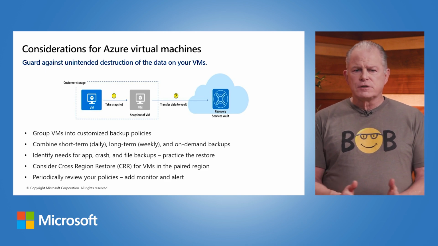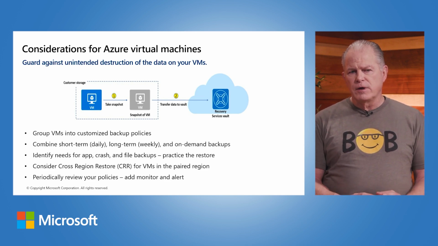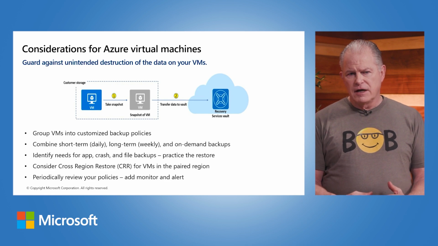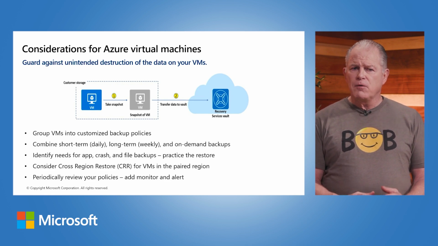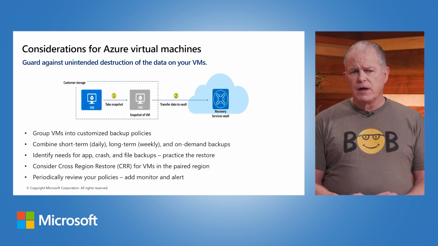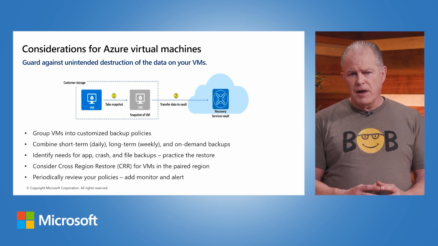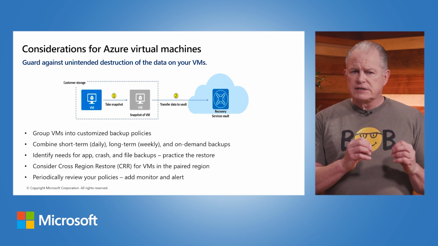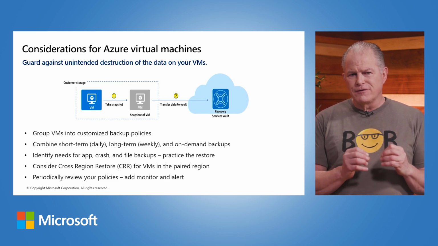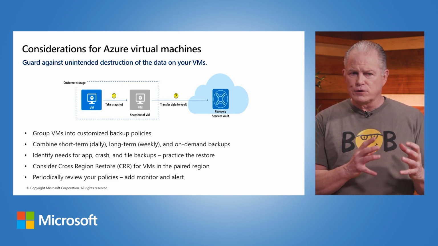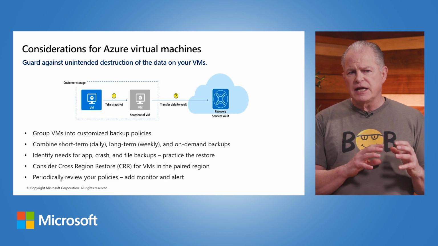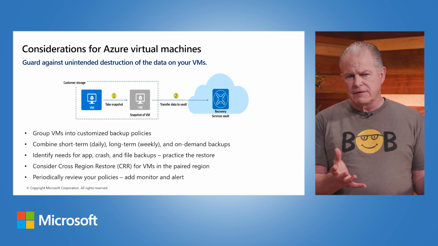App consistent versus crash consistent deals with the state of a virtual machine. A crash consistent backup and recovery says that files written to the file system, in this case of the virtual machine, are in a consistent state across all the files that are in there.